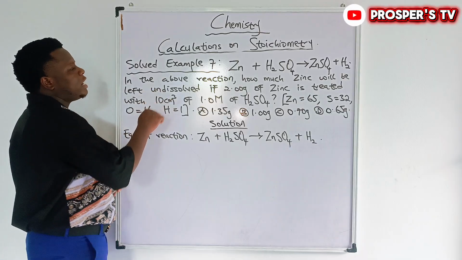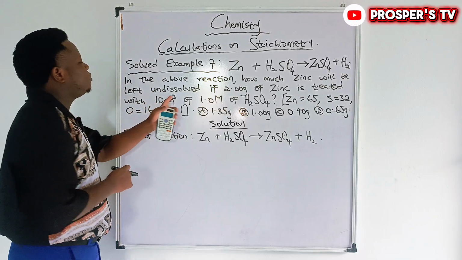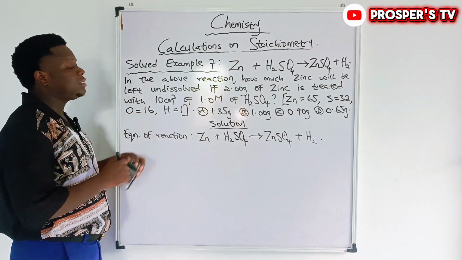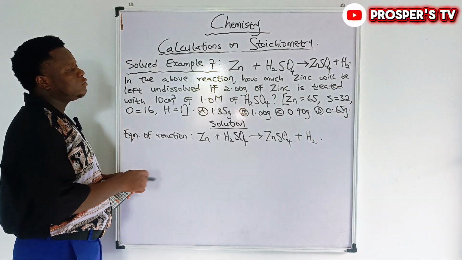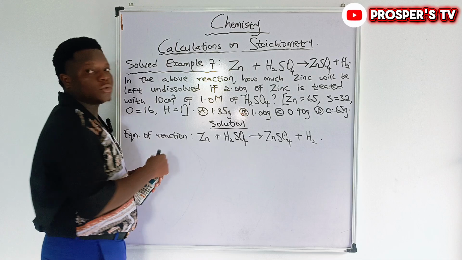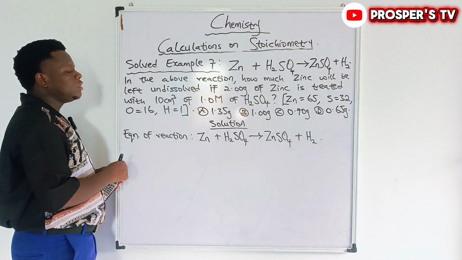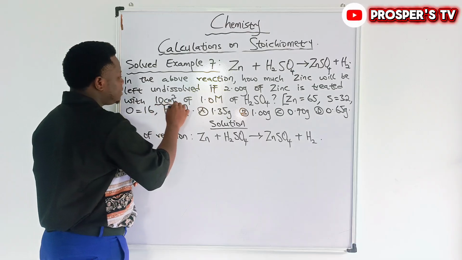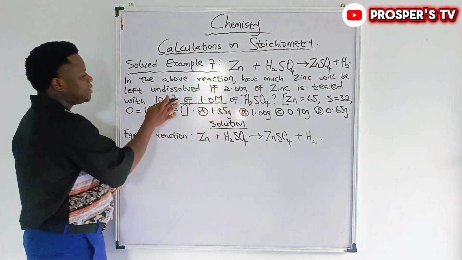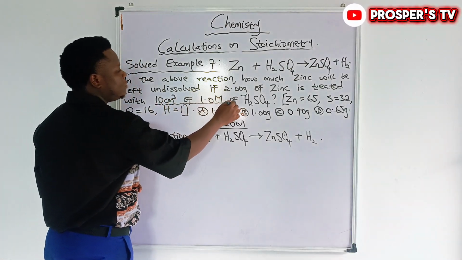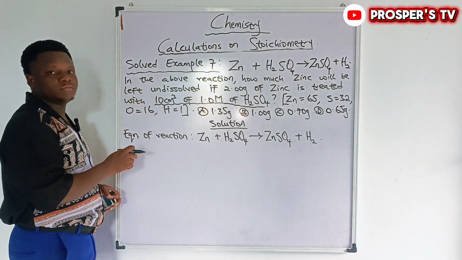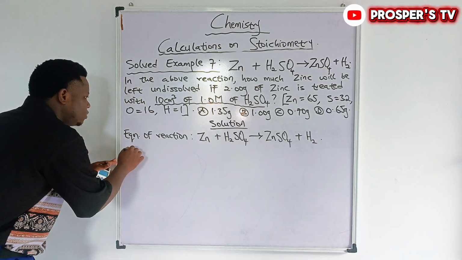It said, in the above reaction, how much zinc will be left unreacted if 2.00 gram of zinc is treated with 10 centimeter cube of 1.0 molar solution of tetraoxosulfate 6 acid. So I always tell you in your exam, whenever you see this line, 10 centimeter cube of 1 molar solution of whatever, start your calculation from that point using the formula that says what?